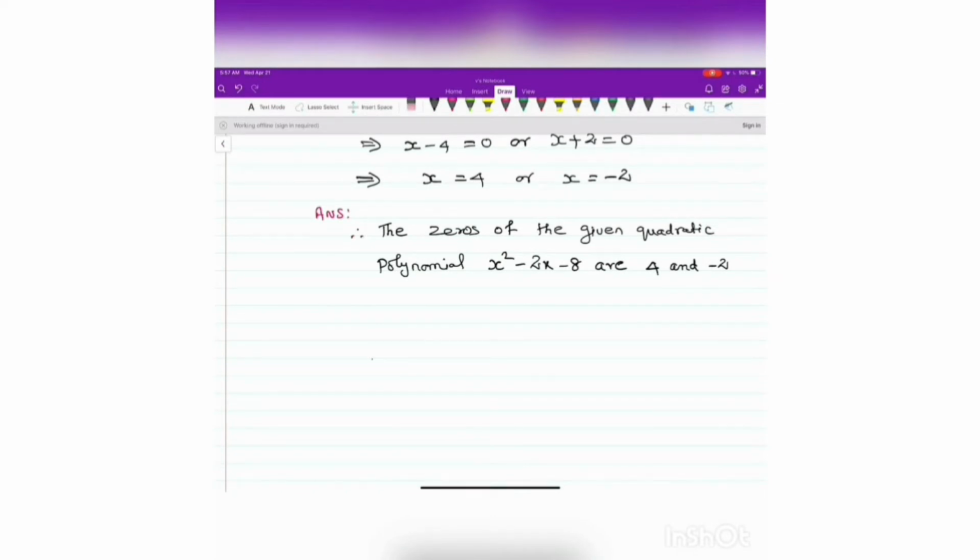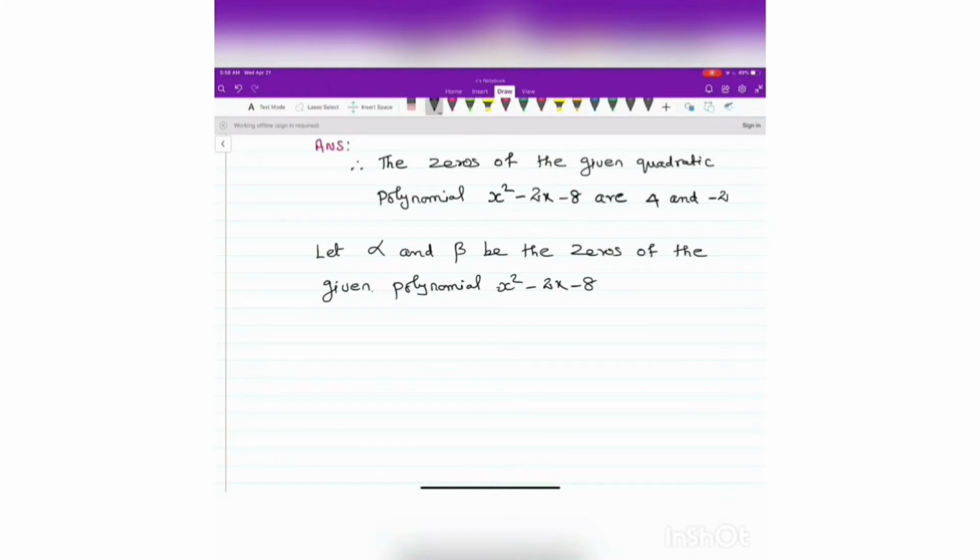Let alpha and beta be the zeros of the given polynomial x square minus 2x minus 8.